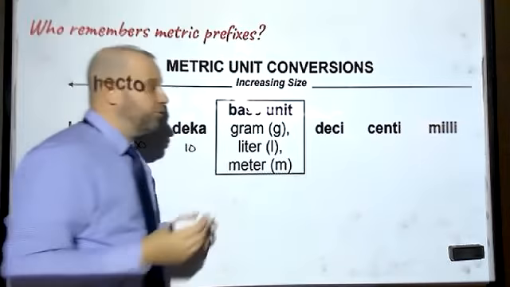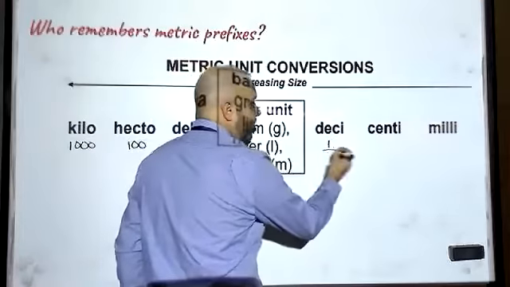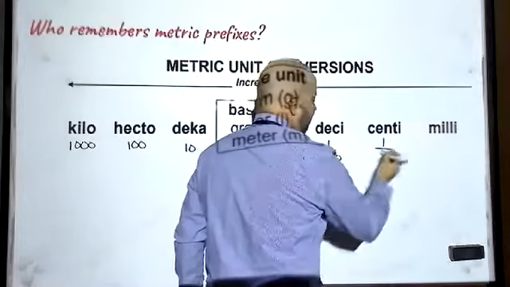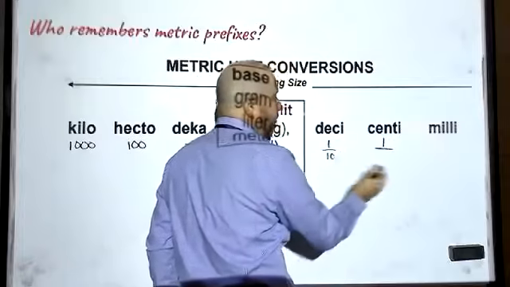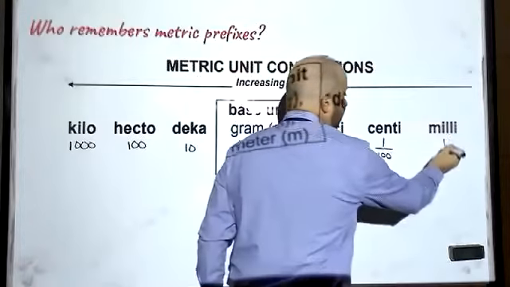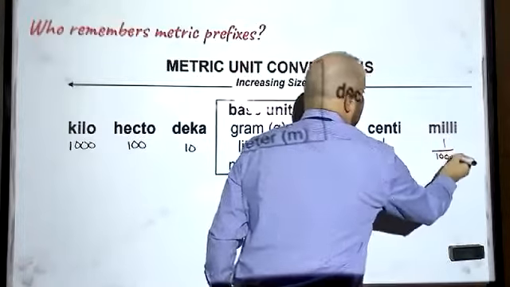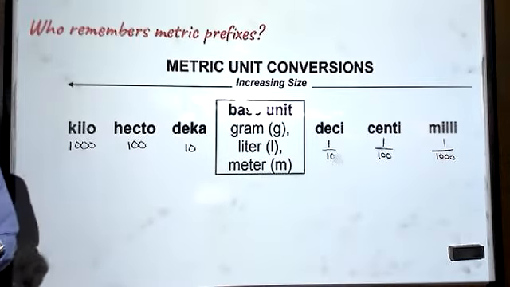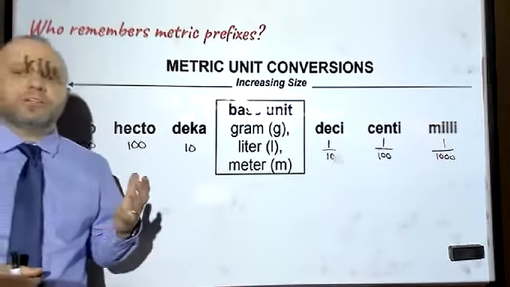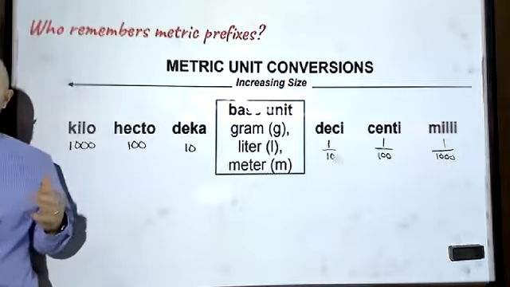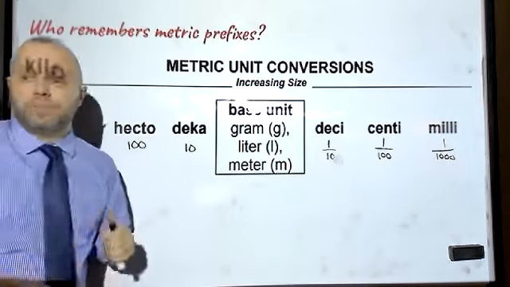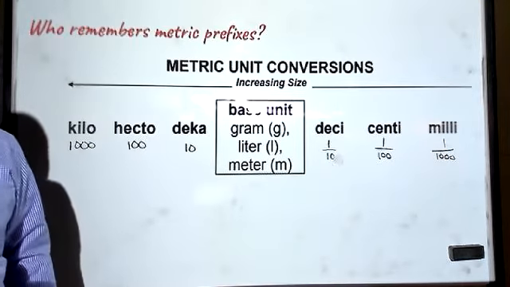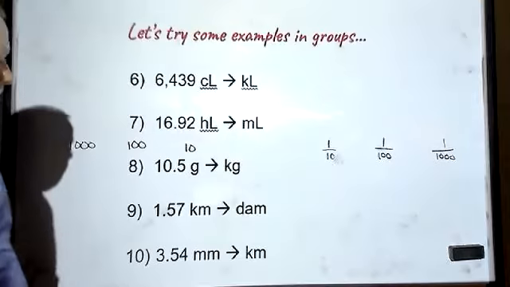And our smaller units toward the right side are deci, centi, and milli. Deci is 1/10, centi is 1/100th, and milli is 1/1000th. So it's really important that you recognize which units are larger and smaller because it's going to factor into how we set up our equations. So let's take a look at some of our problems here.